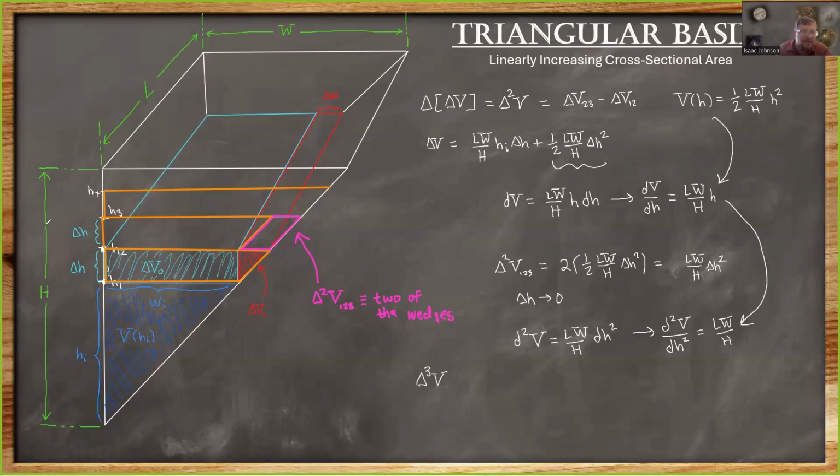Dang, I'm struggling here. Let's see. So the second difference of V evaluated at the 3 points 2, 3, 4, minus the second difference evaluated at the 3 points 1, 2, 3. And we already know what these differences represent, don't we?